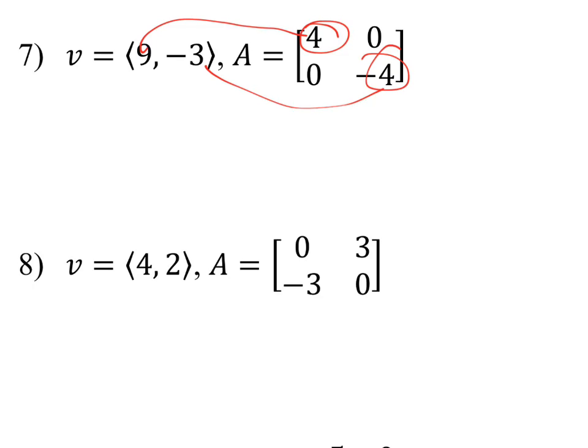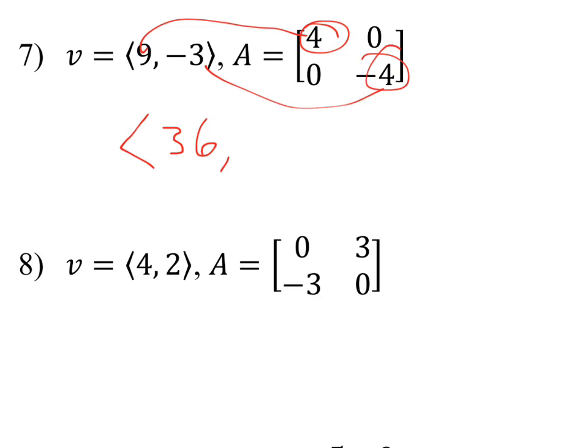If you have zeros down the main diagonal and numbers on the other one, you are going to switch the order of your components. Take this number, multiply by the old y, take that number, multiply by the old x, and that'll give you your new components. So back here at number 7, I'm going to do 4 times 9, which is 36.